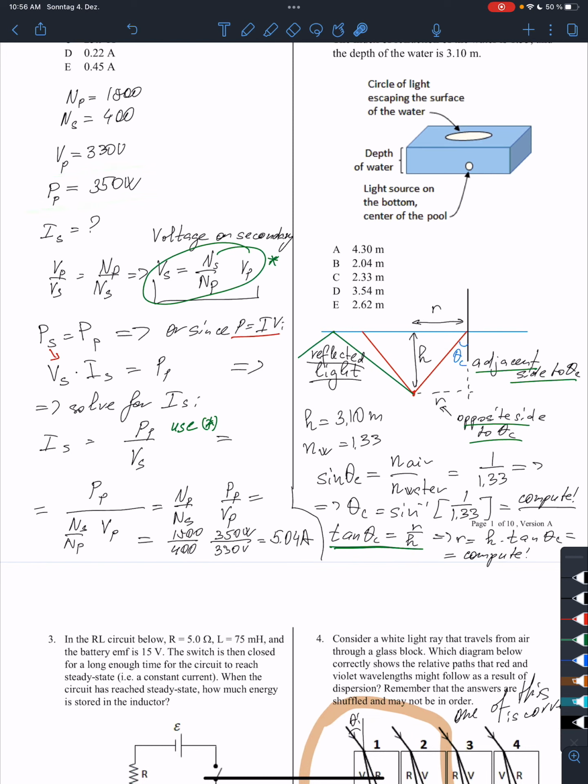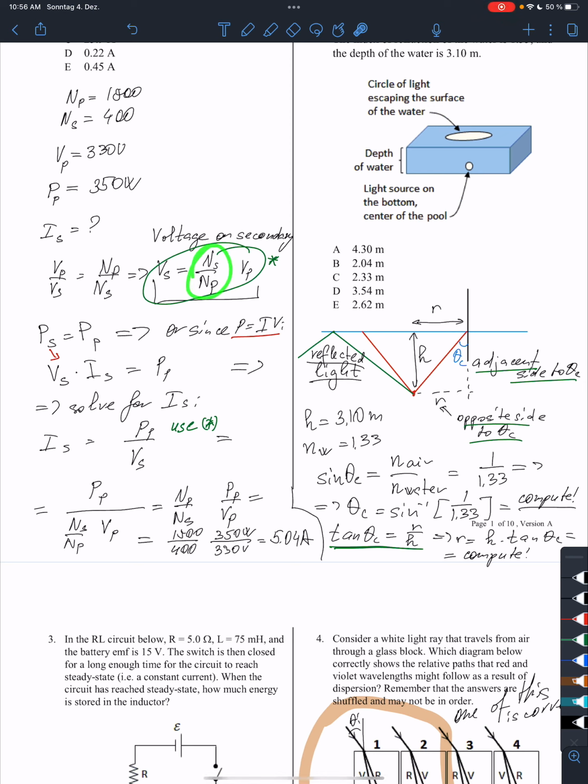So the first fact, we know that the voltage ratio in the primary and the secondary is related to the ratio of the number of turns, and this we can solve for the voltage in the secondary.